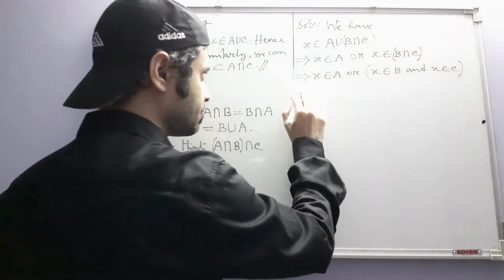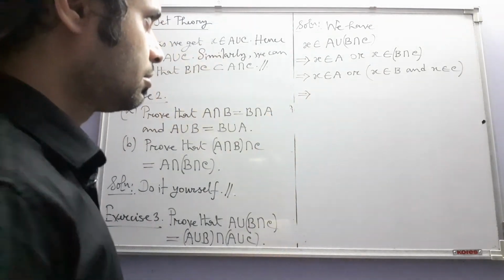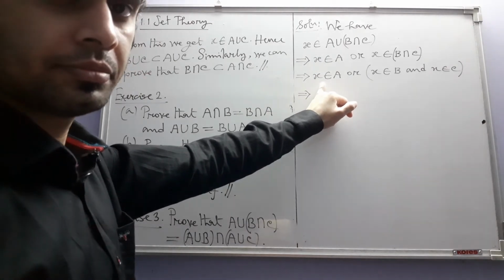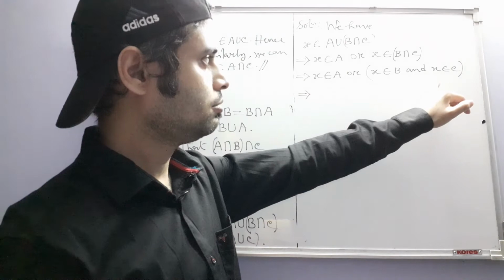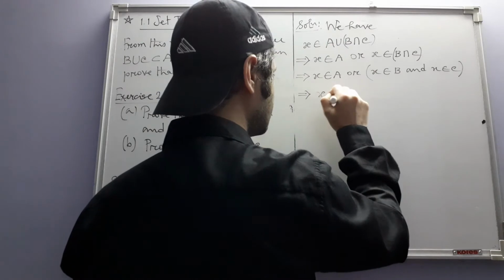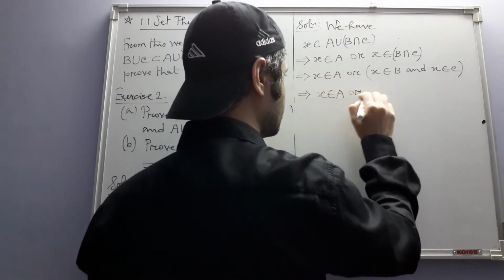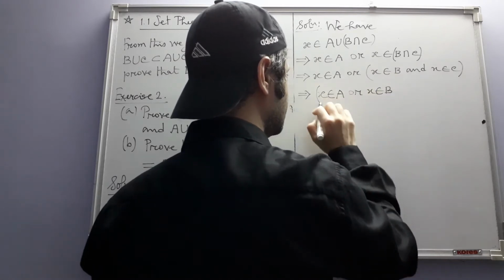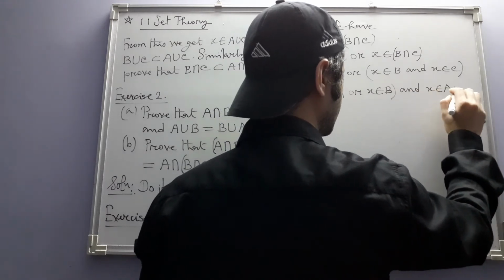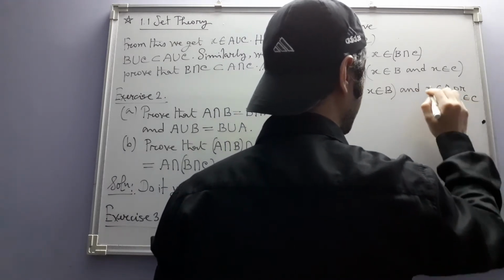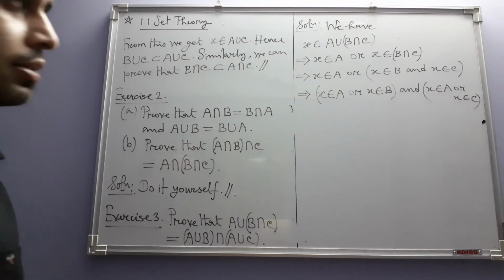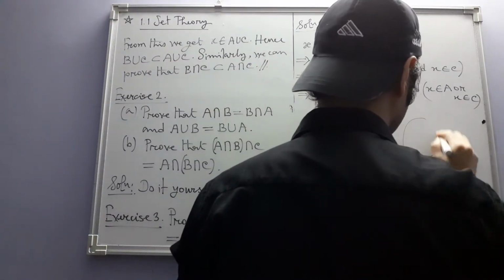Now either X belongs to A, okay, or X belongs to B and C. Now this can also be written like this: X belongs to A or X belongs to B, and X belongs to A or X belongs to C. You can simply think of this like drawing a Venn diagram.